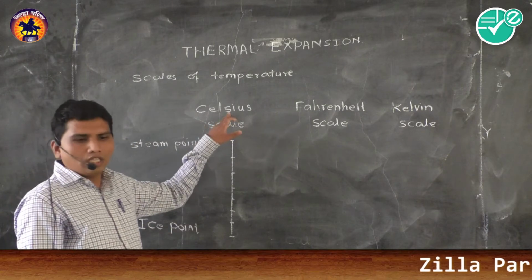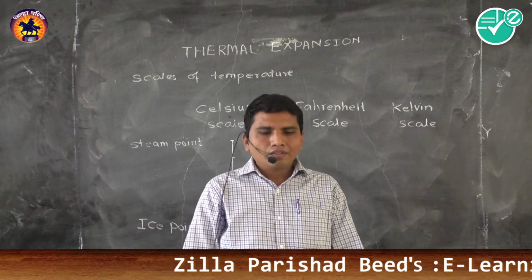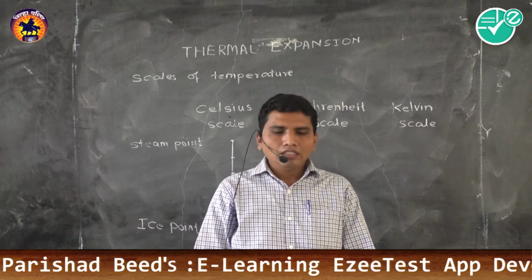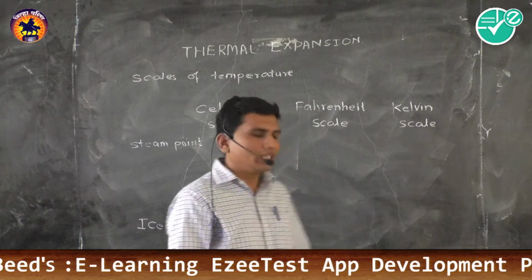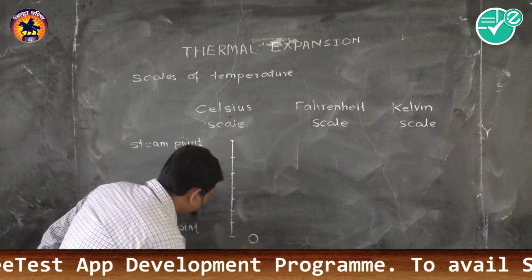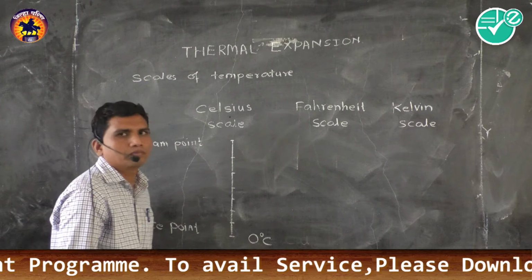So in the Celsius scale, ice point, that is the melting point of pure ice, is marked as 0 degrees Celsius. So here we mark the ice point at 0 degrees Celsius.